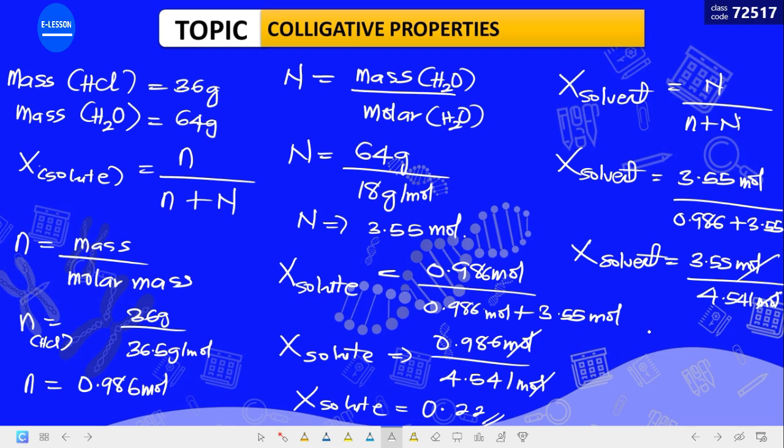Mole cancels mole, so your final answer would be unitless. 3.55 divided by 4.541 equals 0.78. So the mole fraction of the solvent is equal to 0.78.